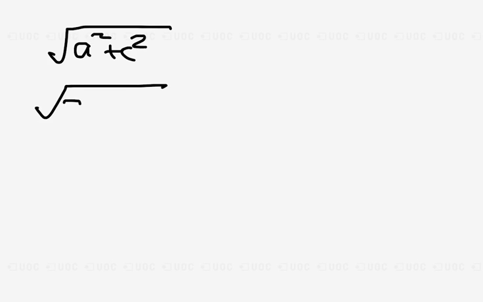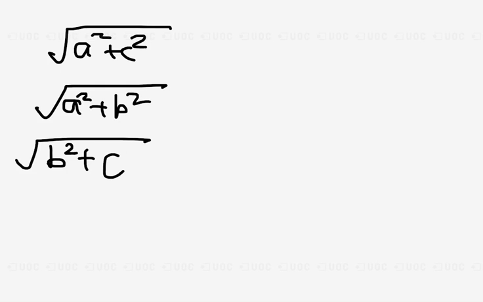So we're going to be using this. Let's make a note of our sides. We have root A squared plus C squared, square root of A squared plus B squared, and square root of B squared plus C squared.